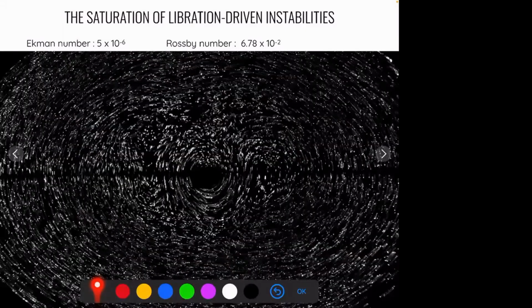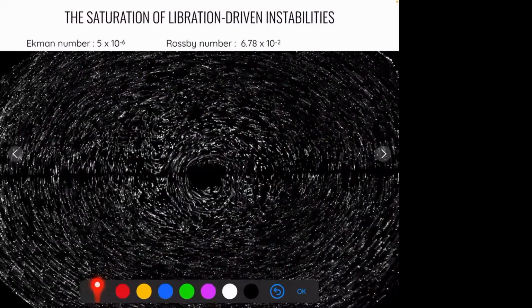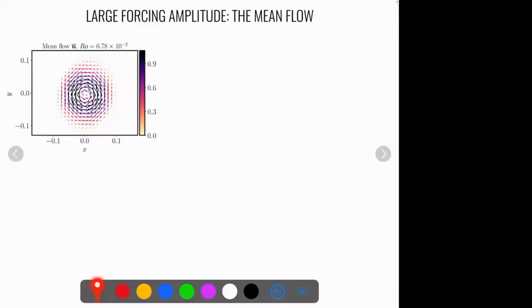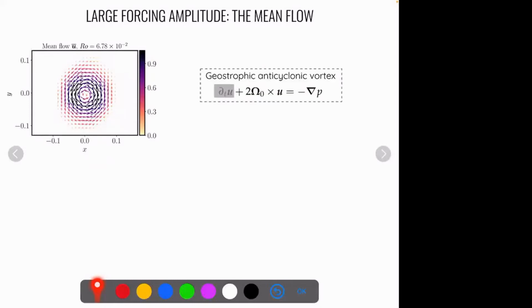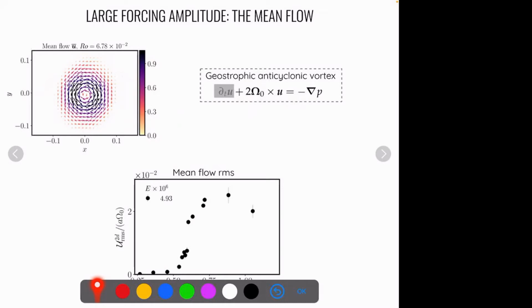Okay, so can we quantify a bit more how this mean flow emerges? Of course, just by averaging the fields, we can extract it and measure its RMS amplitude. I'm just mentioning here that those flows are called geostrophic flows because they correspond to a balance between the Coriolis force and the pressure gradient, because they are quasi steady.